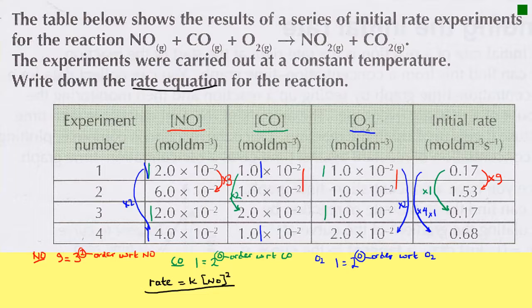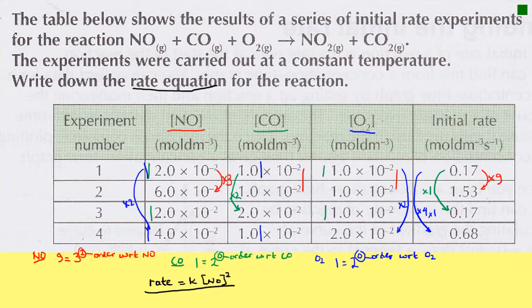So now let's have a look at oxygen. What we would really like is for the concentrations of nitrogen monoxide and carbon monoxide to be the same, but I don't think we have that data. So that's where this gets slightly more complicated.